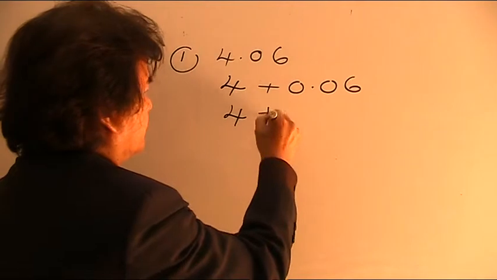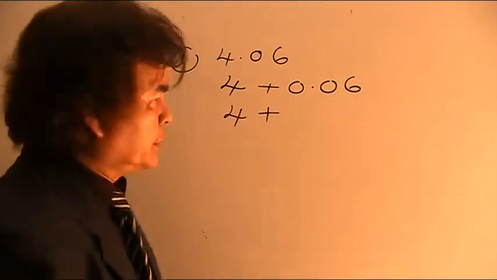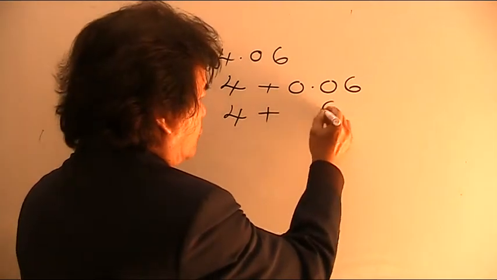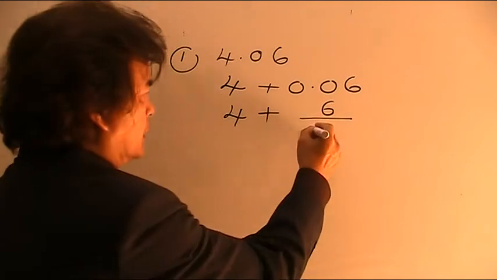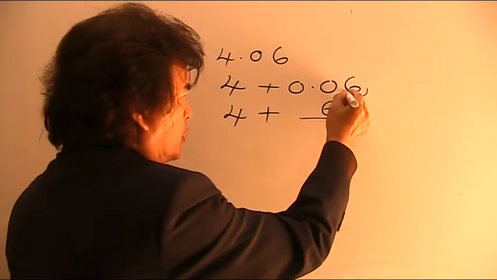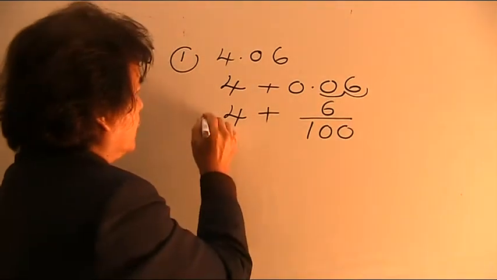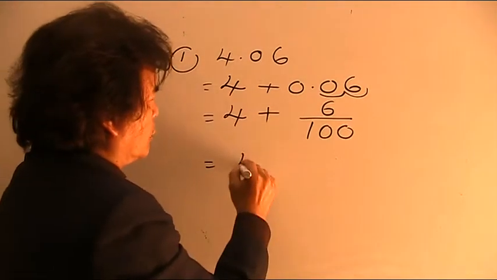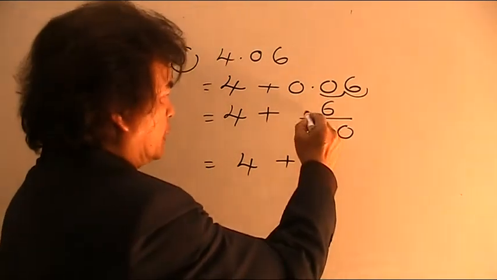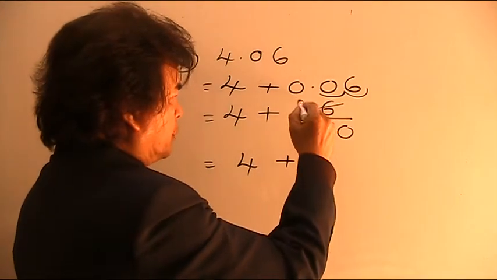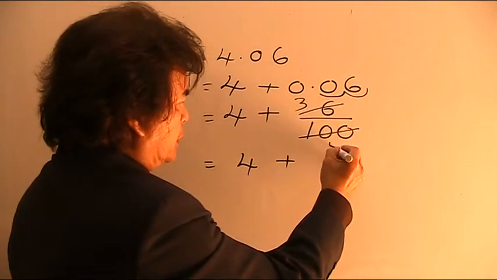4 plus, to change this 0.06 to a fraction, that will be 6 over what? 6 over the two decimal places, 1, 2, so 6 over 100. Now you simplify this: divide by 2, you get 3, and 100 divided by 2, you get 50.